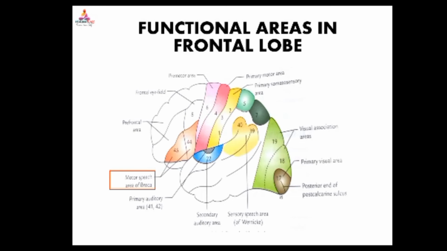The motor speech area of Broca is located in pars triangularis, area 45, and pars opercularis, area 44, of the inferior frontal gyrus of the frontal lobe of the left hemisphere in most individuals, and the persons are right-handed. In 30% of cases, it is present in the right hemisphere and the person is left-handed.